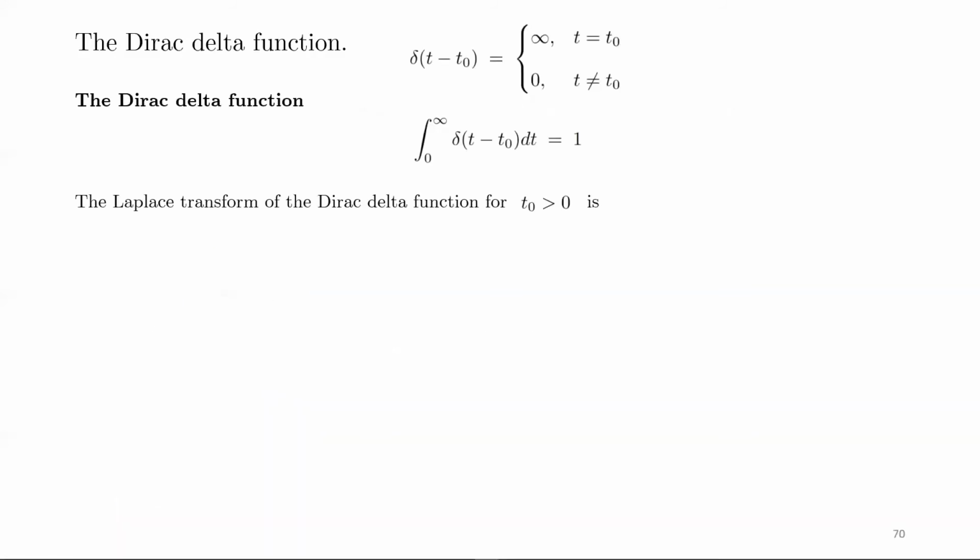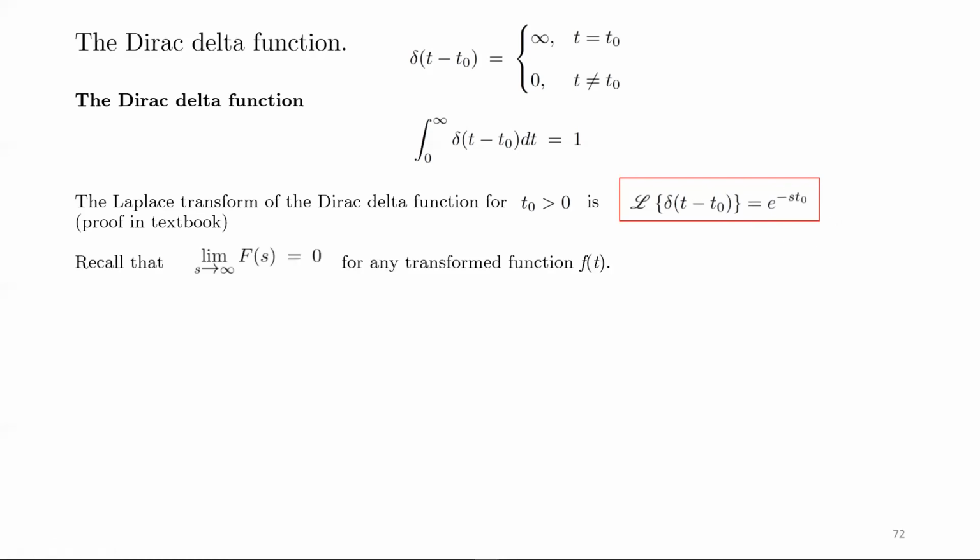We can actually take the Laplace transform of this Dirac delta function. The Laplace transform of the Dirac delta function at t minus t0 is equal to the exponential of minus s times t0. You can see that this is related to the second translation theorem, because we get an exponential in the s domain here.